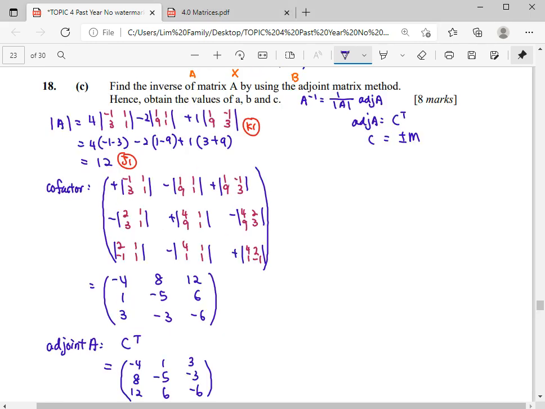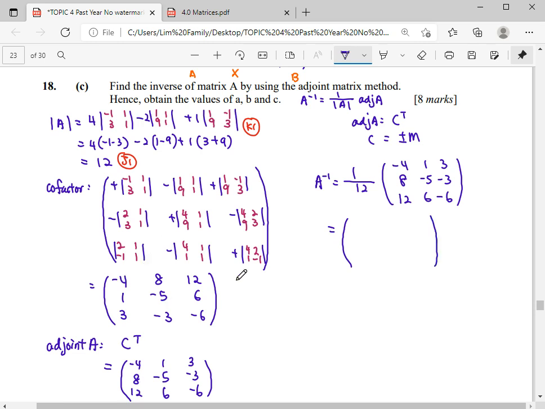Okay, so we continue. After getting our cofactor, we get our adjoint. So I can find the inverse of A using adjoint. Our A inverse will be equal to, we plug in our determinant here, 12, and the adjoint matrix here. Make sure you do the multiplication.